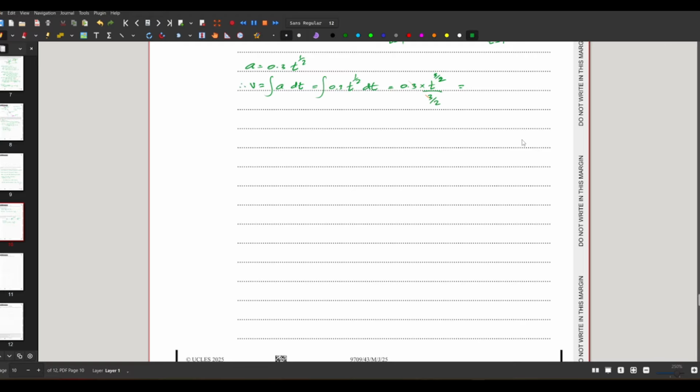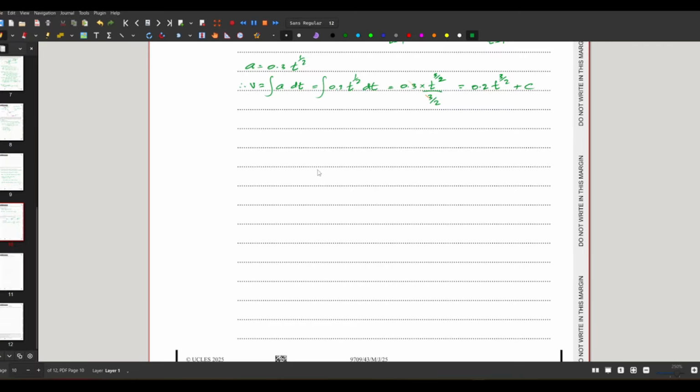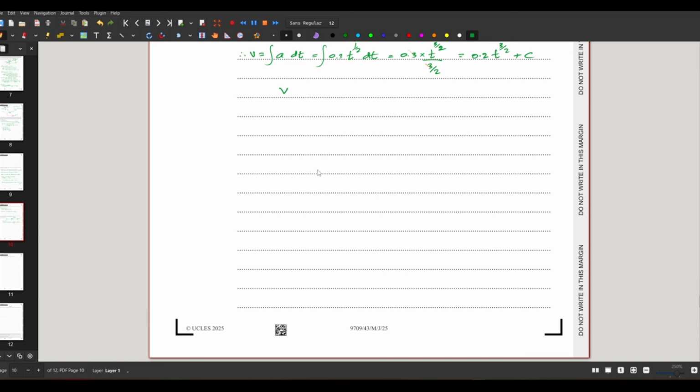So 0.2 t to the power 3 over 2 plus capital C, a constant. So V, velocity, equals 0.2 t^(3/2) plus C.